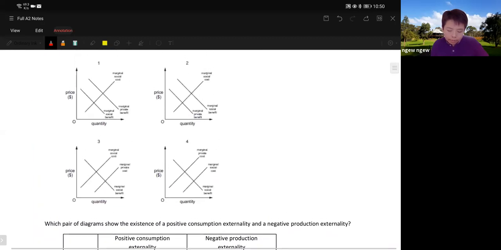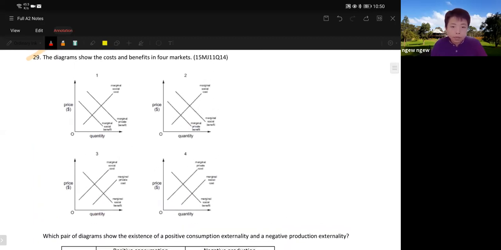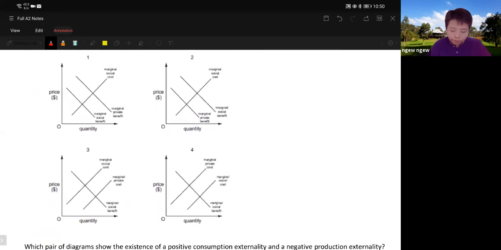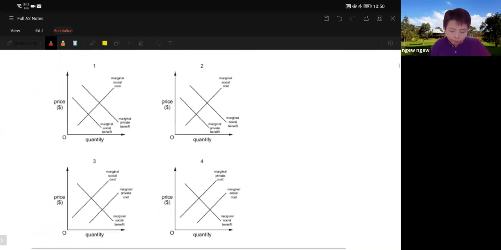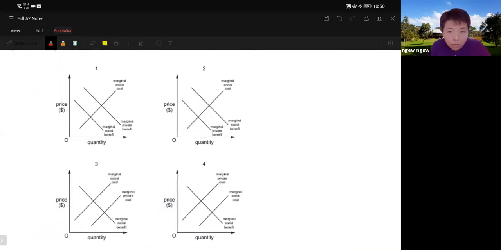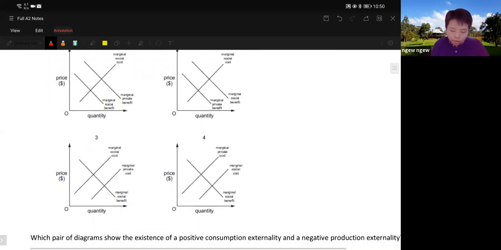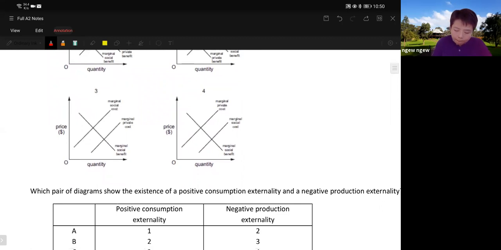Lastly, look at this example. Now, the question wants you to base on these 4 diagrams to find out the positive consumption externality and the negative production externality. Before we look into detail, we should know that for positive consumption, when they say consumption, you have 2 demand curves.